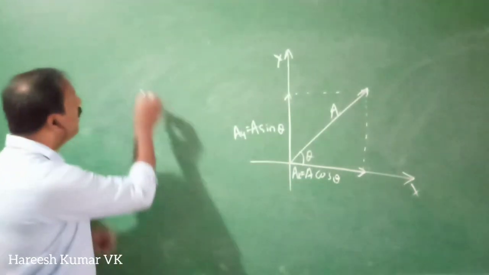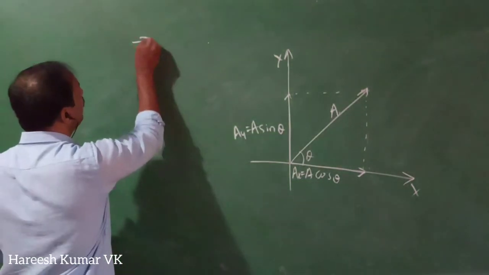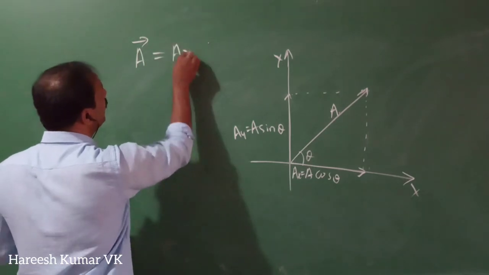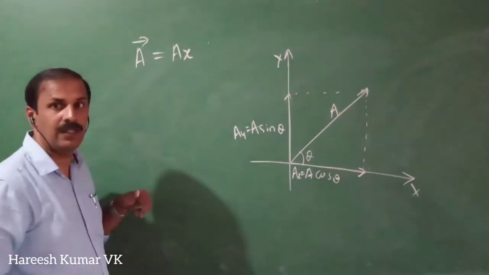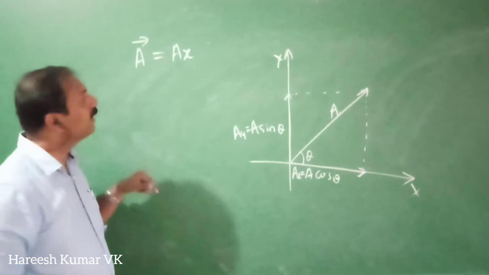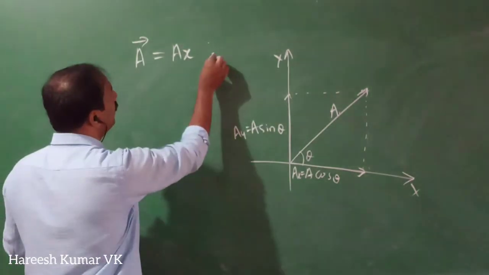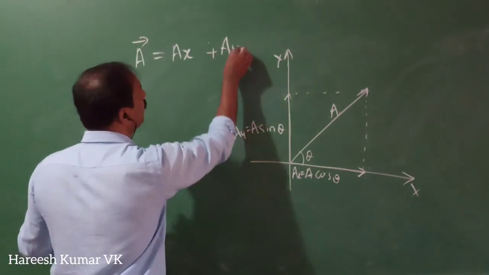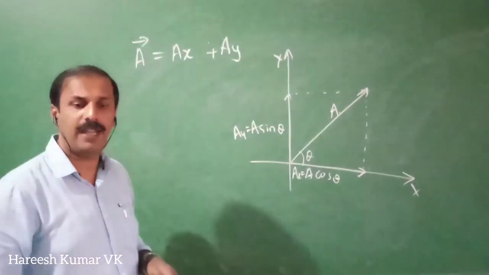So how can we write vector A? A is equal to AX plus AY. Actually, we can write one more thing here.